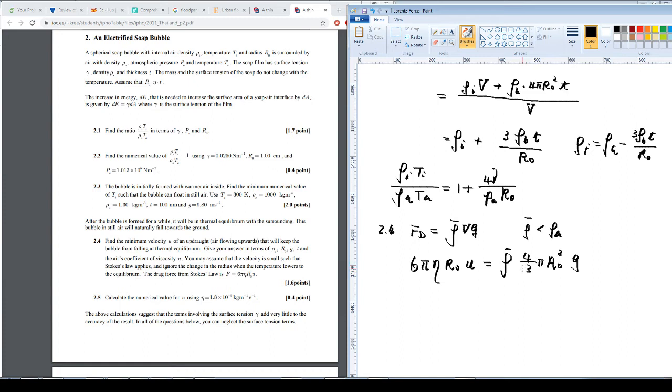Then we need to have a balance. The buoyancy force plus the drag is equal to the weight.